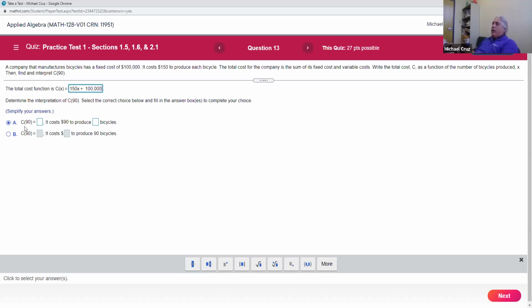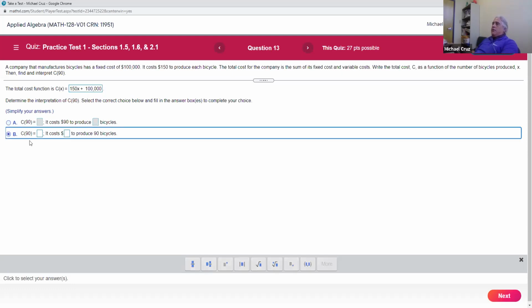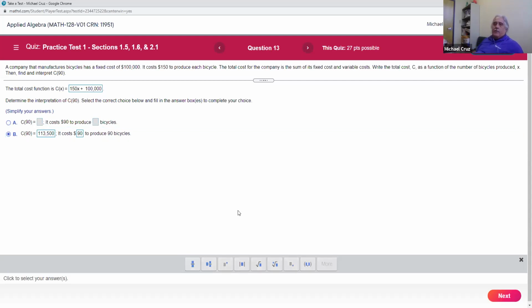So this one's not right. This is the right one. So it costs $113,500 to produce 90 bikes. There we go. Finally get it right.